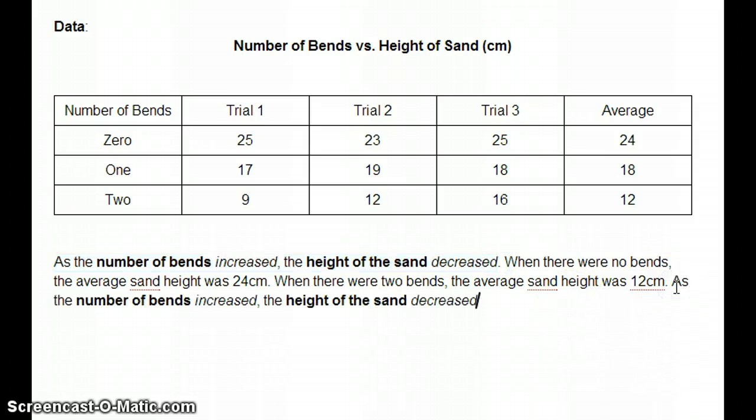It's the same statement, but now you're putting in the numbers. As the number of bends increased by 2, the height of the sand decreased by 12 centimeters. Voila! You have finished what they expect you to do for the conclusion on the MSP.